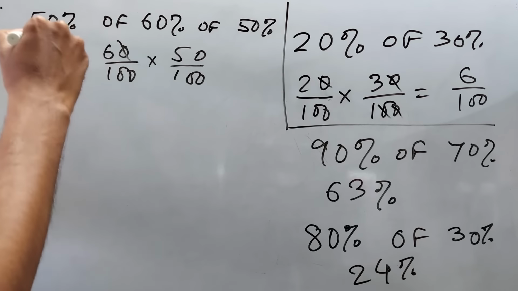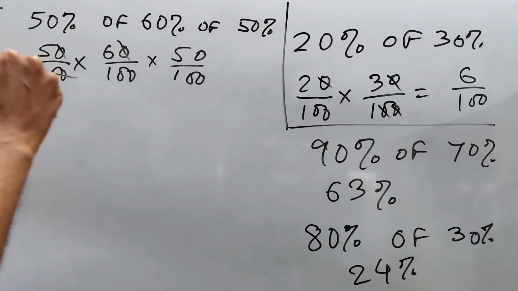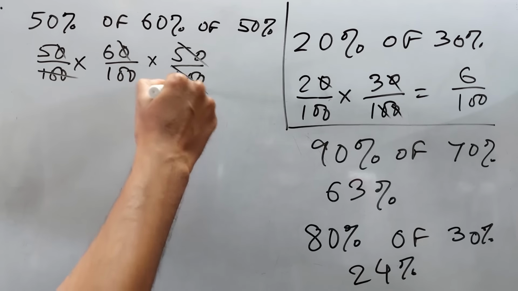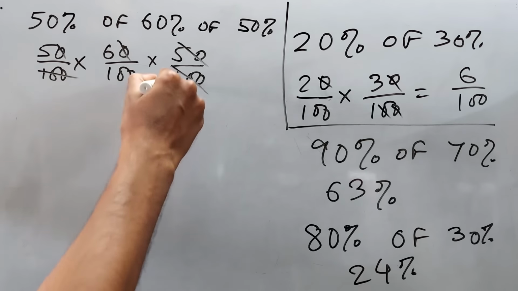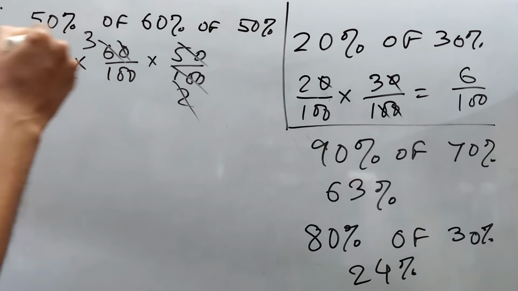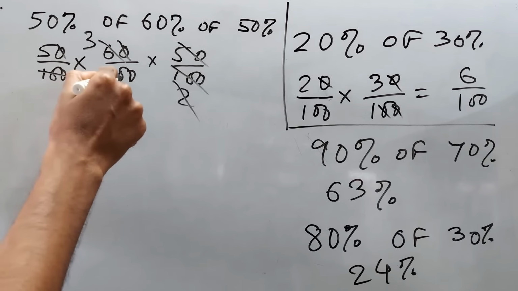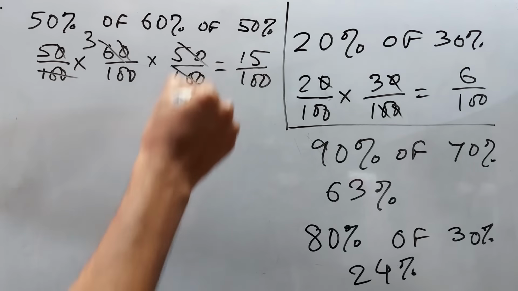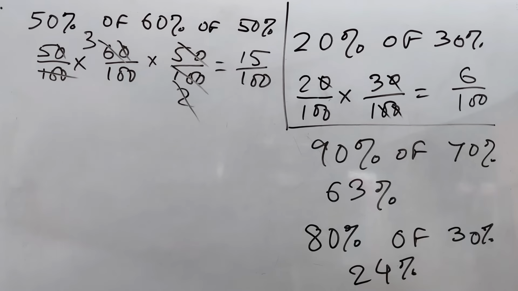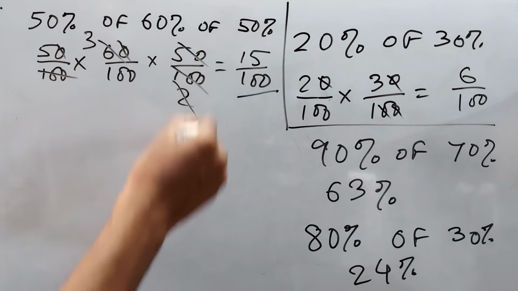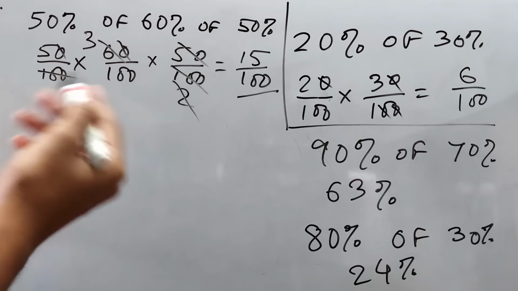Please remember one thing, yeah, this way we can remove 100, but still there are 200s, and if we remove it in this way, there will be 2, and 2 also will be removed by this. That means 3 5s are 15, 15 by 100, right? That means 15%. Well, very important thing, this thing works only if you have 100 at the denominator. Directly you can say it is 15%, but otherwise you know the trick.